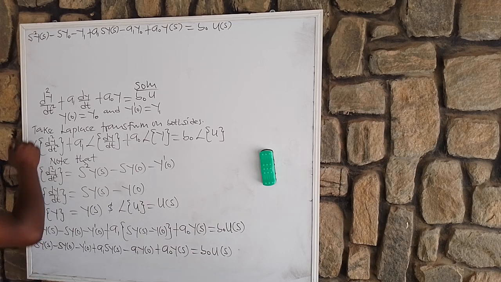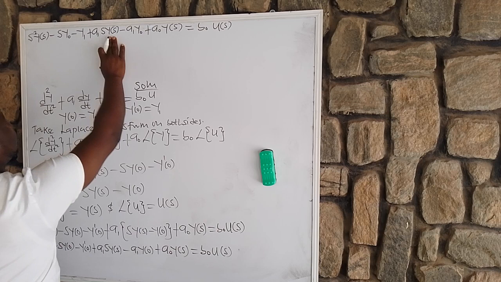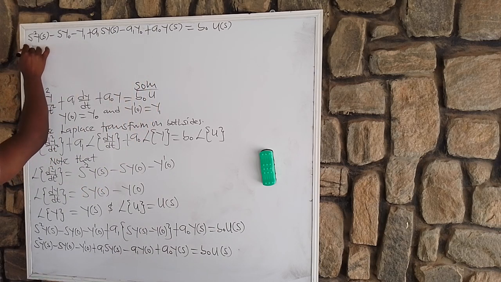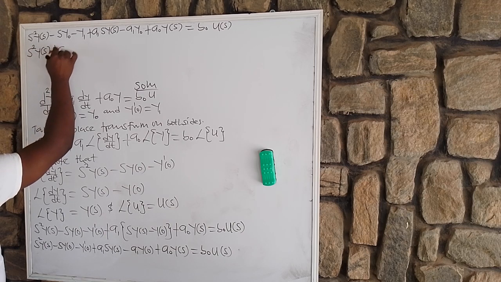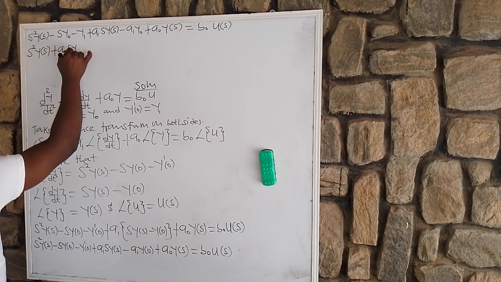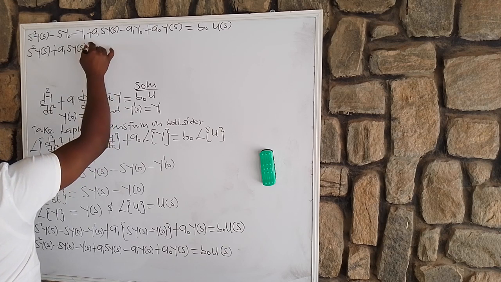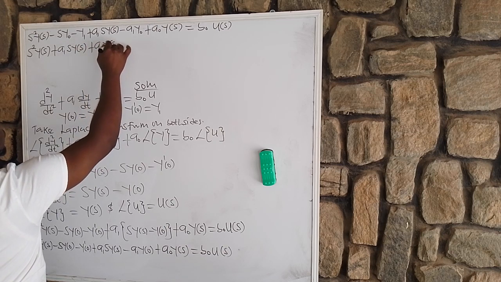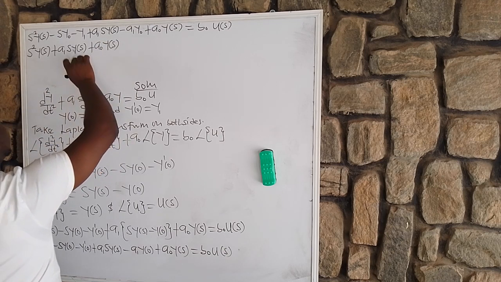So we can write it this way: s squared Y(s), plus a1 sY(s), plus a0 Y(s).